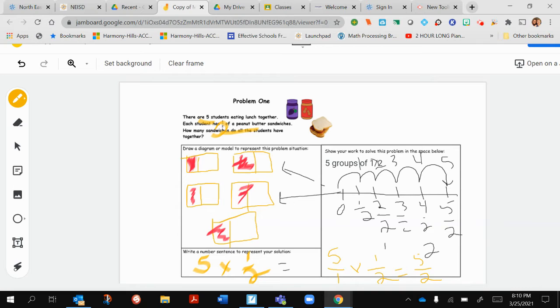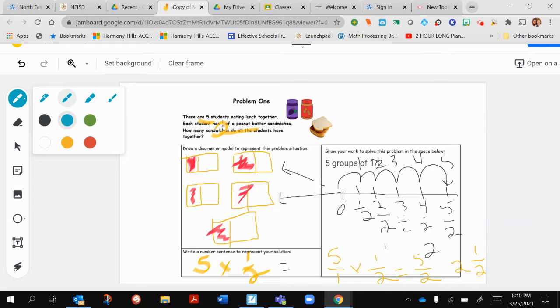Improper fraction, right? So how many groups of 2 can go into 5? 2, right? 2 times 2 is 4. It's as close as we can get. 4 and 5, so it's 1 away from 5. So it's going to be 2.5. So they actually have 2.5 peanut butter sandwiches.